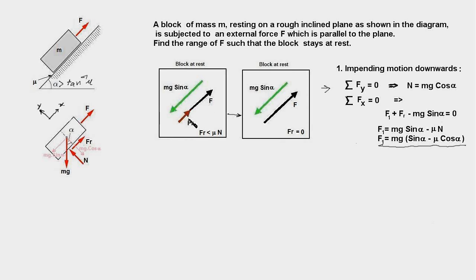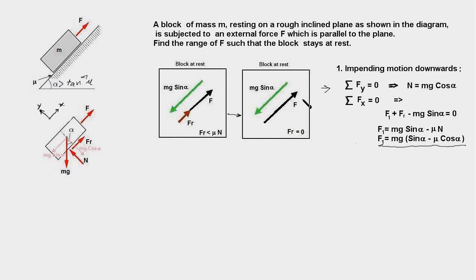Now if we increase F further, a situation may come that the frictional force may come down to 0 level, as you can see in this next diagram. Here the applied force has grown to an extent that its magnitude is now equal to mg sin alpha, and the frictional force has been reduced to 0.